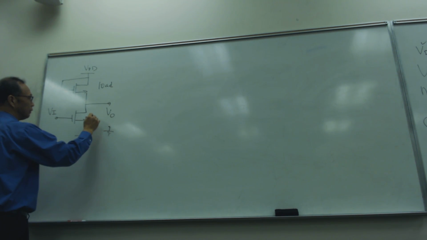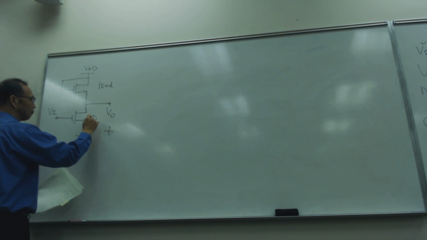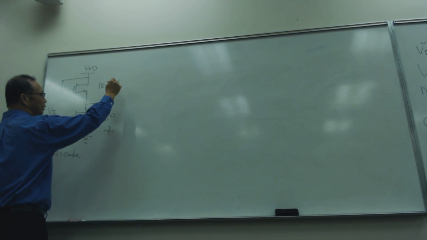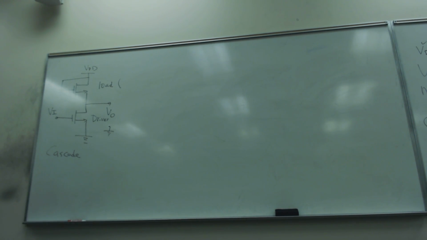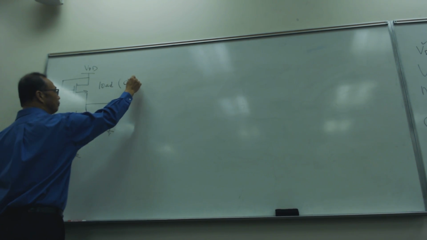And this is called the driver. Typically when you have a load, it's a resistor, right? But in the MOSFET circuit, people would prefer to use this type of load. It's called active load.